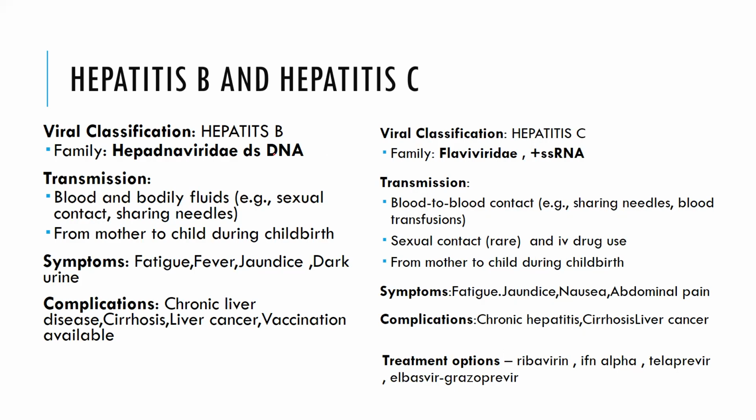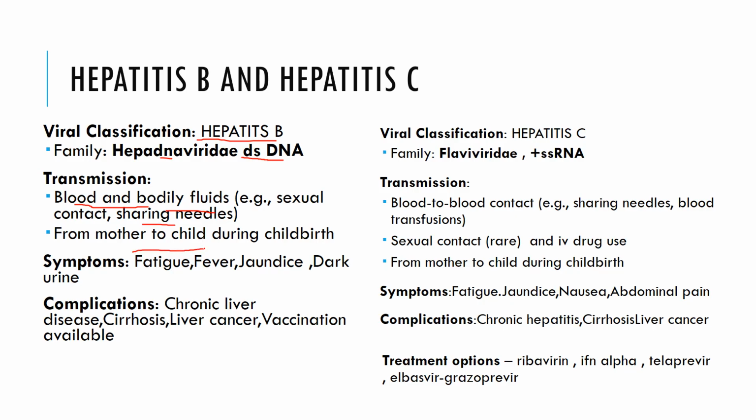So when you look at these two viruses and their skin manifestations, we know that hepatitis B and C come from different families. Hepatitis B is in the family Hepadnaviridae, which consists of double-stranded DNA viruses. And hepatitis B is usually transmitted via blood or any bodily fluids, including sexual contact, sharing needles, and it can also be transmitted from mother to child.